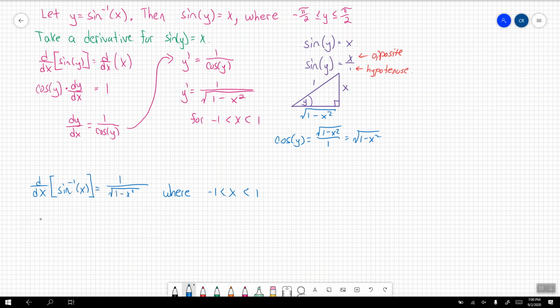And I'm going to write the next one down here, which is going to be the derivative with respect to x for cosine inverse of x. This is going to equal negative 1 divided by the square root of 1 minus x squared. The only difference is that this fraction is negative. All right, so that's the only difference. And this is going to be where, again, the x values fall between -1 and 1.